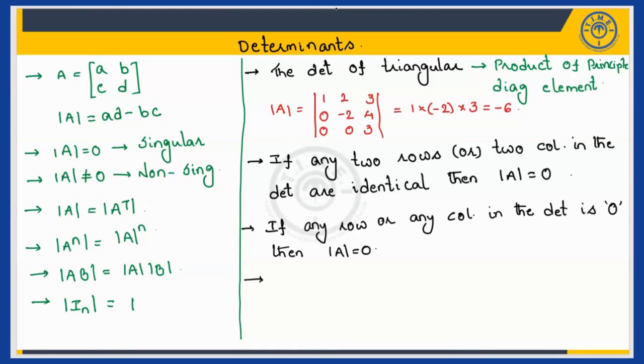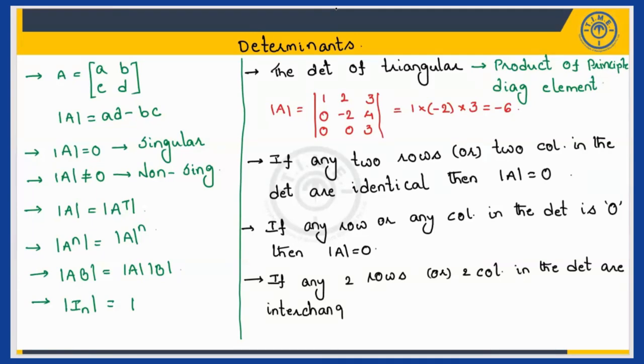And again, if any two rows or two columns in the determinant are interchanged, then the determinant is multiplied with what?